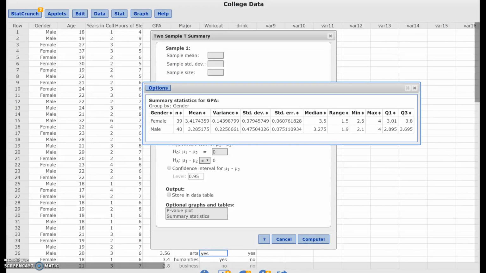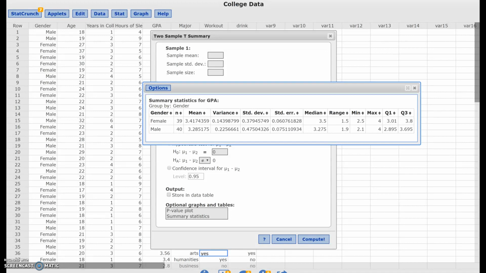And then we have 40 males. For females, you have a mean GPA of 3.42, a standard deviation of 0.475, and a total number of 39.